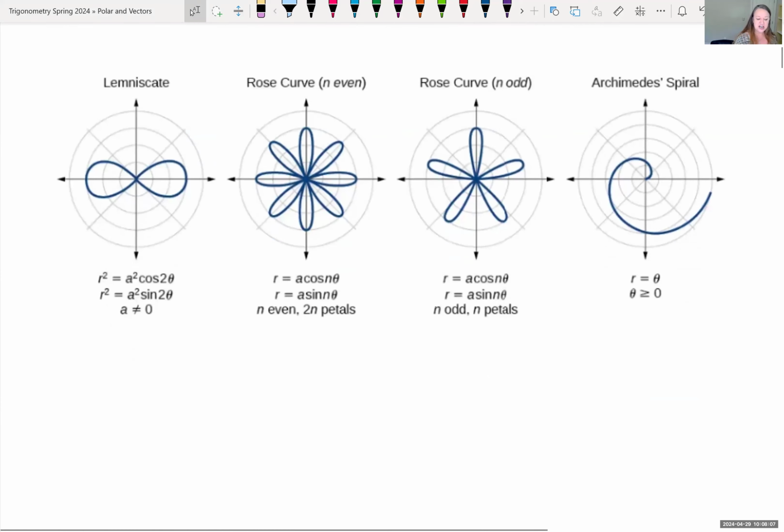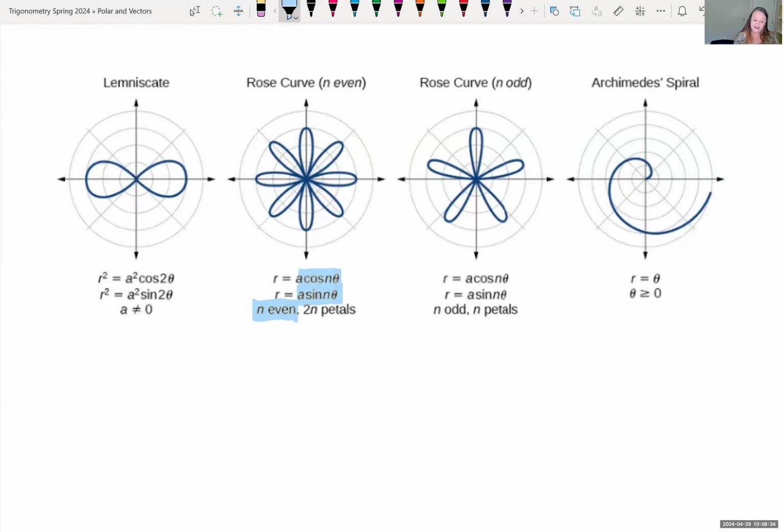The other shapes that you could get would be a lemniscate. And that's if you have r squared equals a squared cosine 2 theta, or r squared equals a squared sine 2 theta. a can't be 0. We looked at roses. If we had r equals a cosine n theta, or r equals a sine n theta, and n was even, then it doubled the number of petals we had on that rose.